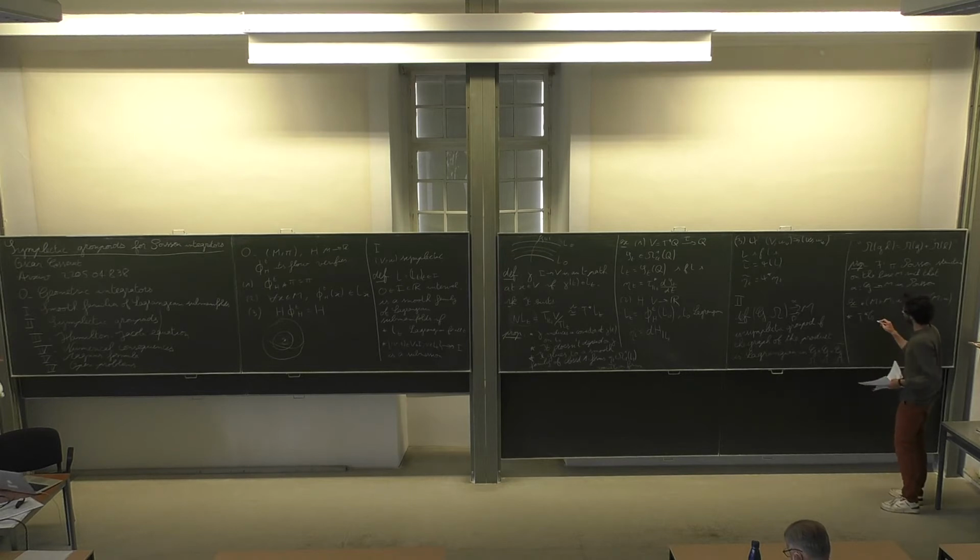The cotangent bundle of a Lie group with the canonical symplectic form integrates the canonical Poisson structure on the dual of the Lie algebra. And the cotangent bundle with source and target given by the cotangent projection integrates the zero Poisson structure. Okay.